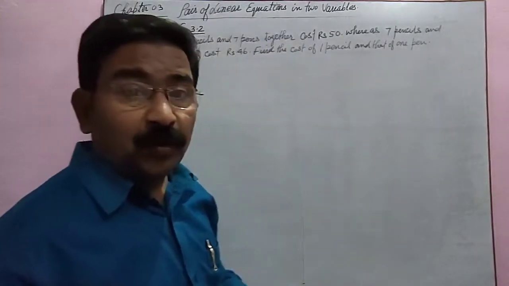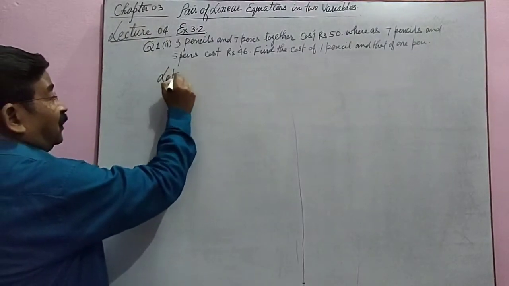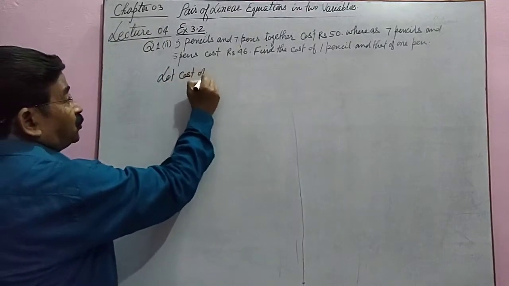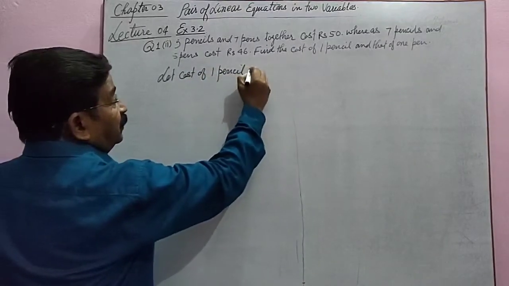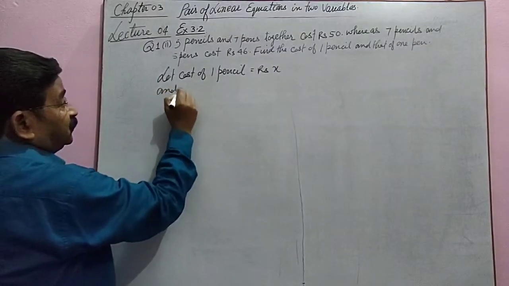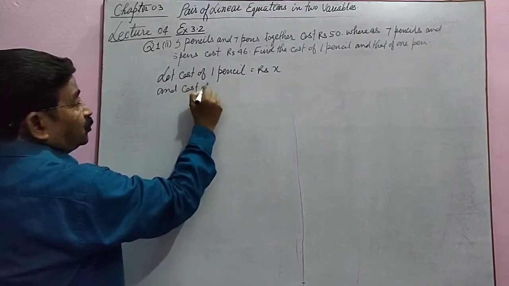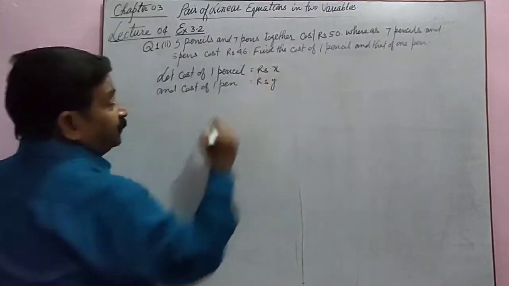So we can assume two variables, like I am writing, let cost of 1 pencil rupees x and cost of 1 pen rupees y.